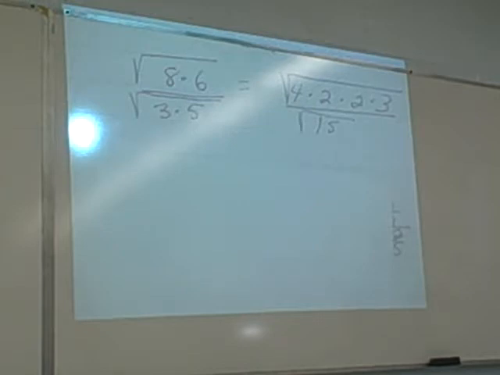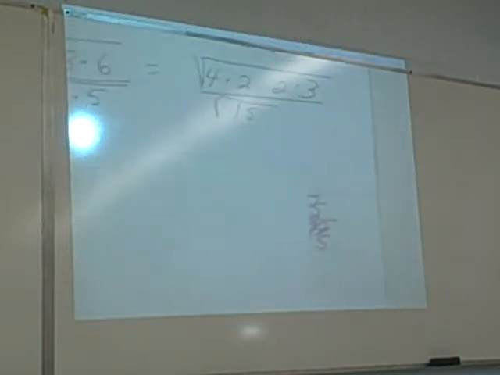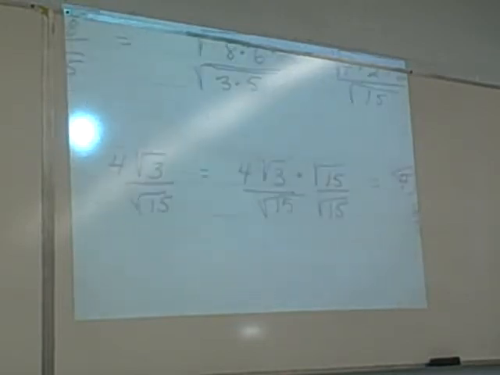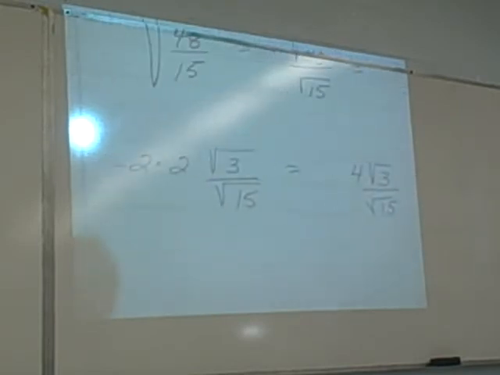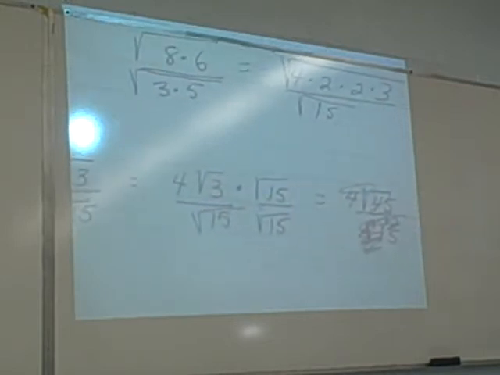So what can I do in my numerator? Square root of 4 is 2. Okay, so I take out, whoops, next line. All right, so I know the square root of 4 is 2. I'm going to go back here a second. But I had 2 2's in the numerator. And what does 2 times 2 equal? 4.